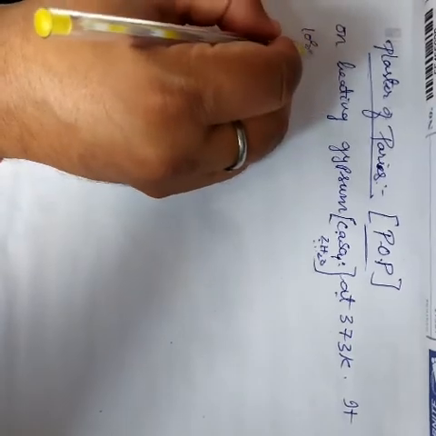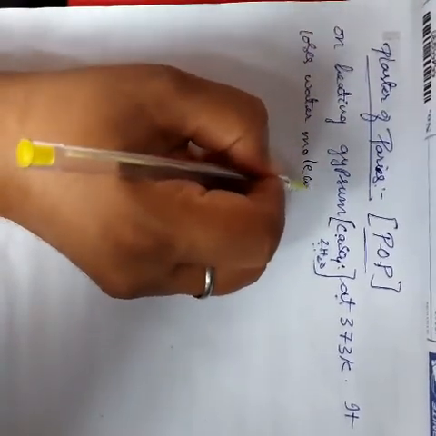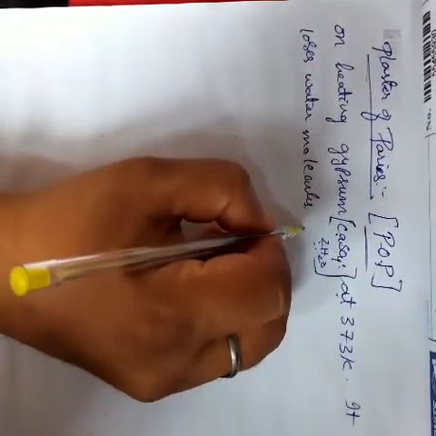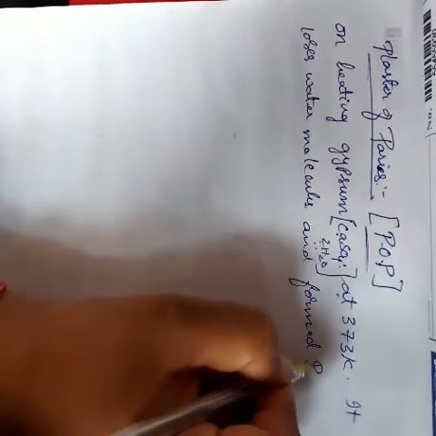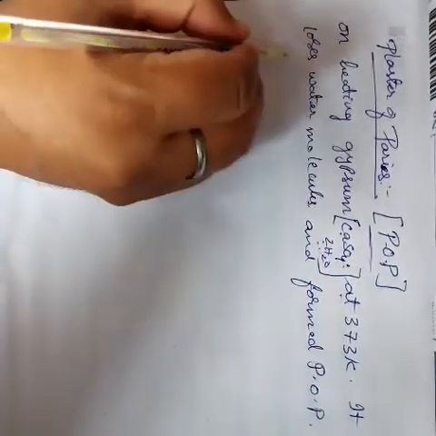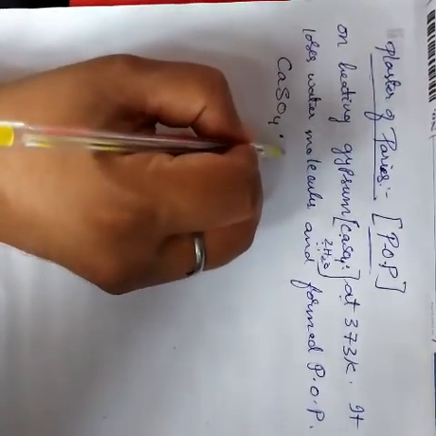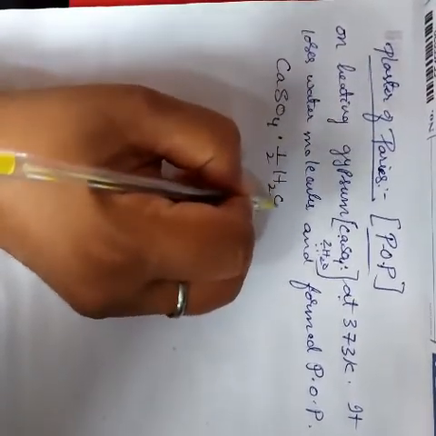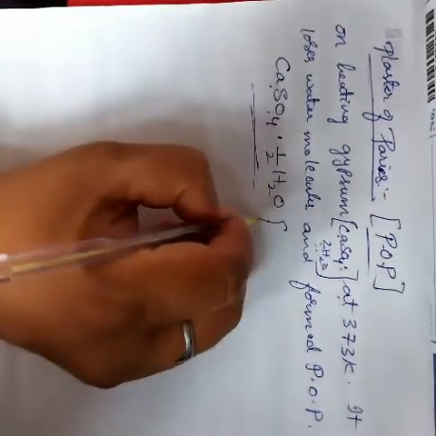It loses water molecules and forms POP, that is plaster of Paris. The formula of plaster of Paris is calcium sulfate dot half H2O, meaning calcium sulfate hemihydrate.